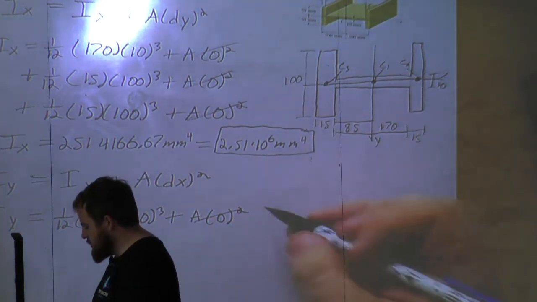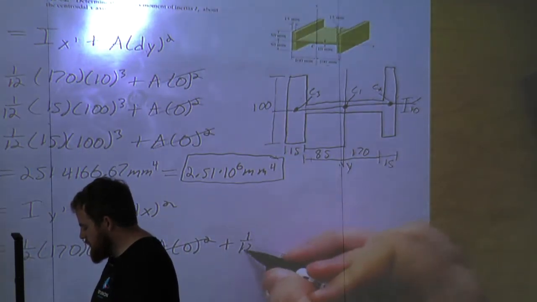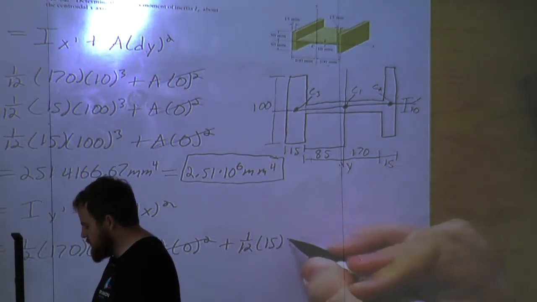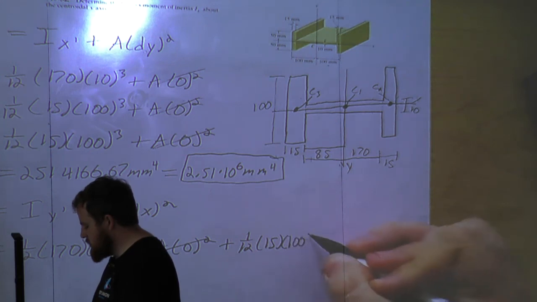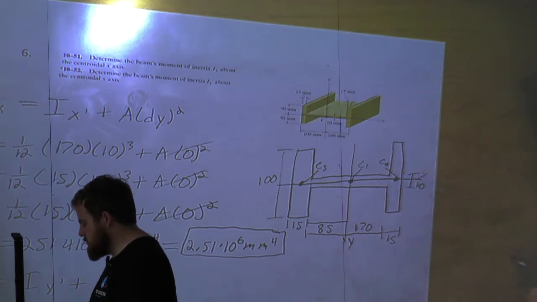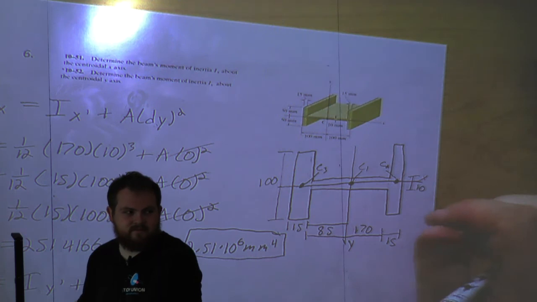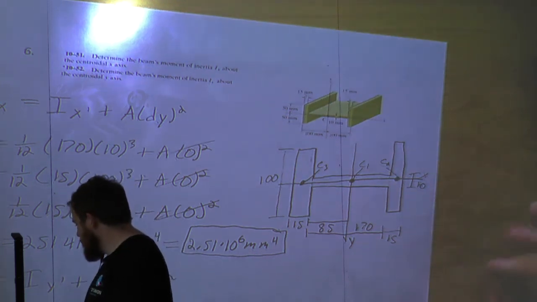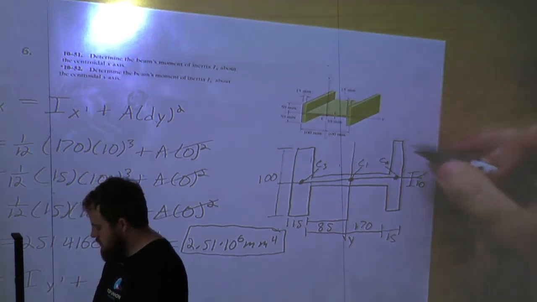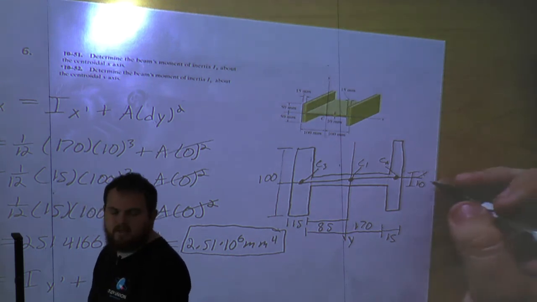Now, let's look at the second part. This one is going to be 1/12 times 15 times 100 cubed. And then what's your dx going to be for C2? Not 0, right? It's 92.5.